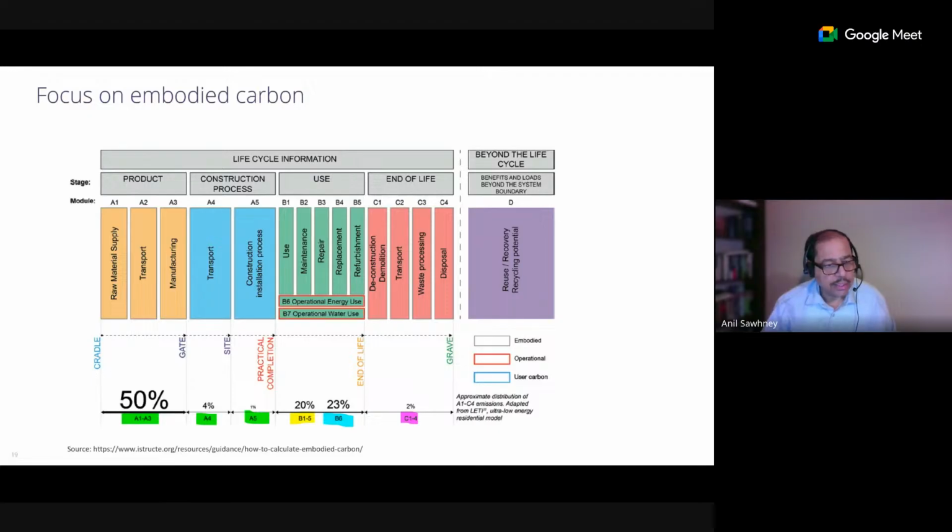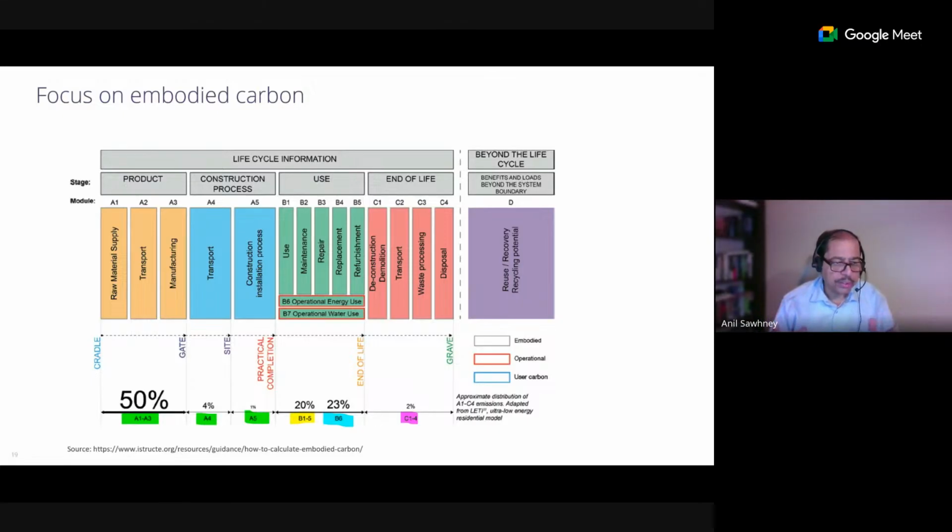And then the various colors we are using are for embodied, operational, and user carbon. Again, user carbon, not many people calculate. It's difficult to calculate. And you can see the breakup of these embodied carbon calculations. If you just look at embodied carbon, 55% is upfront, A1, A2, A3, A4, A5.